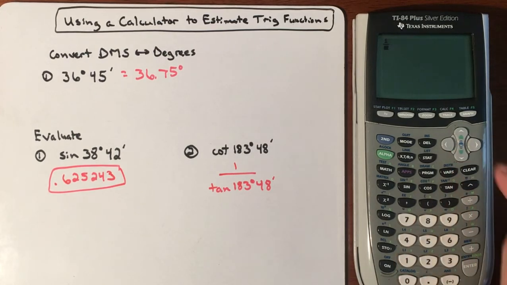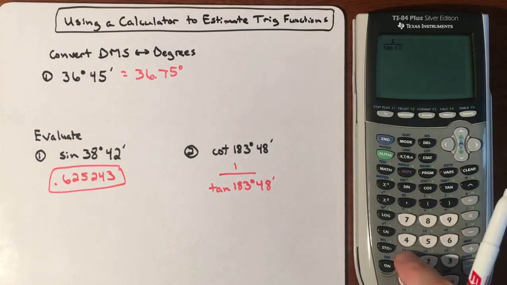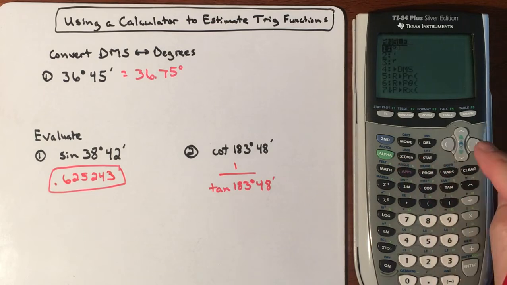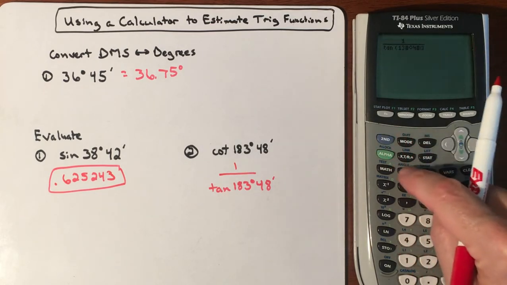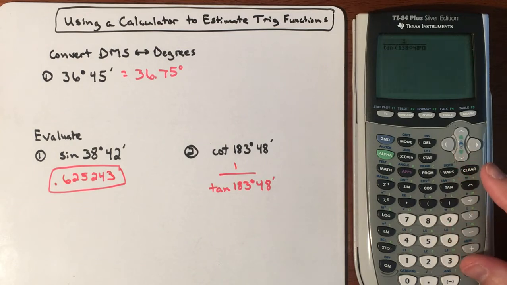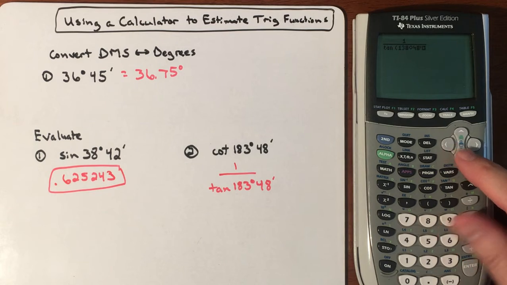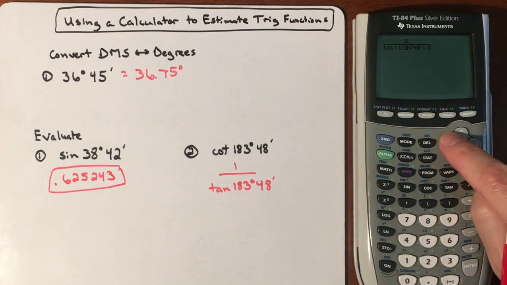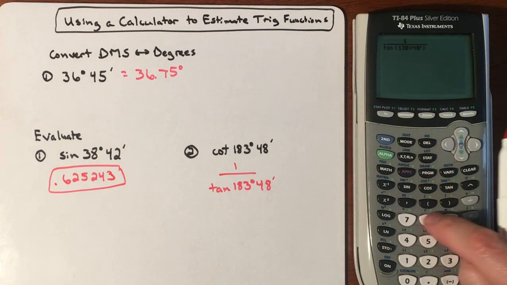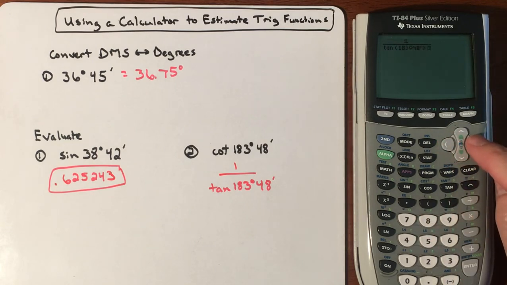So you could do 1, just move your cursor down, and then we're doing tangent of 183, go into your angle, degrees, 48 minutes, and then we'll just move out of that. Oop. Let's go back, close our parenthesis. Probably should do 83, there we go.